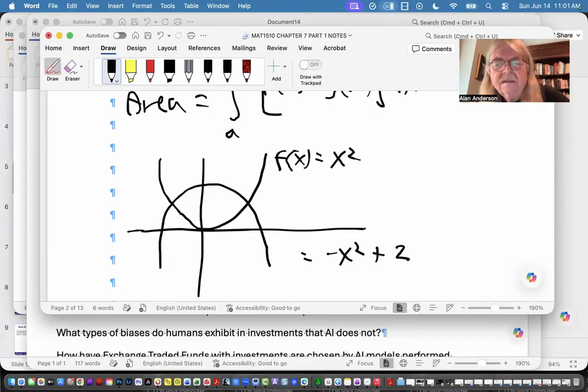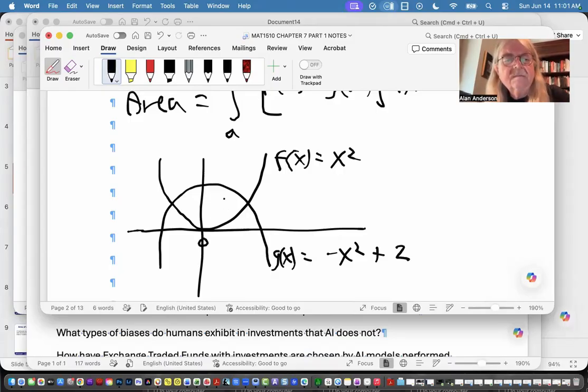Okay. And let's say we're interested in the region between, let's keep it simple, 0 and 1. Okay, so A is 0, B is 1.